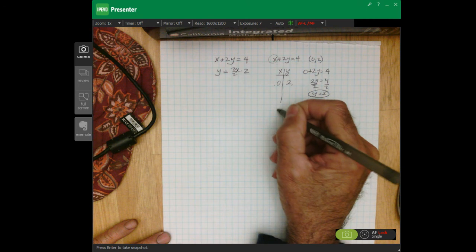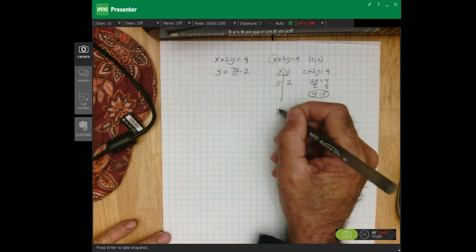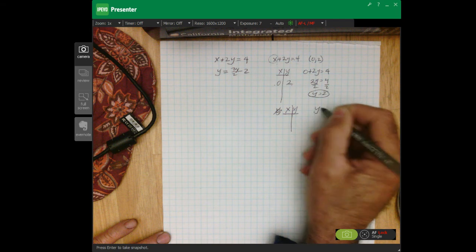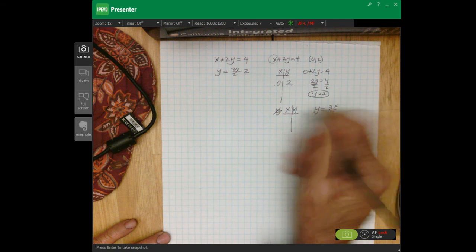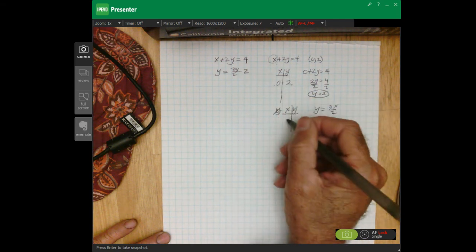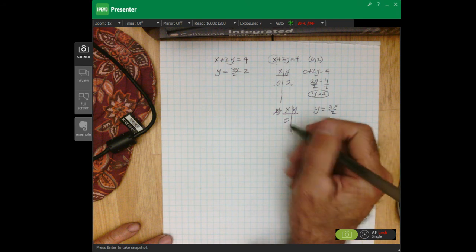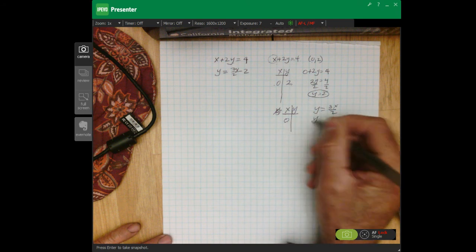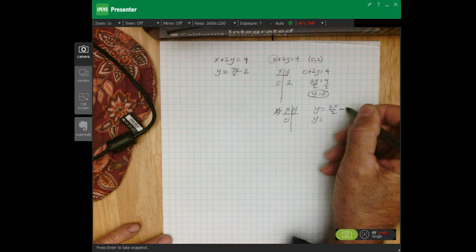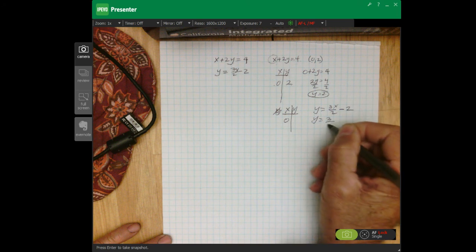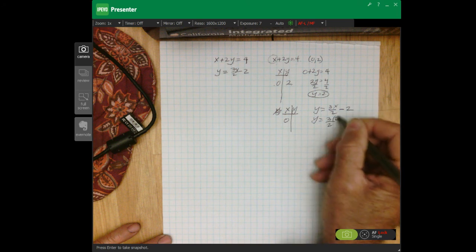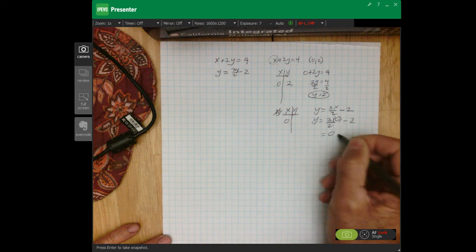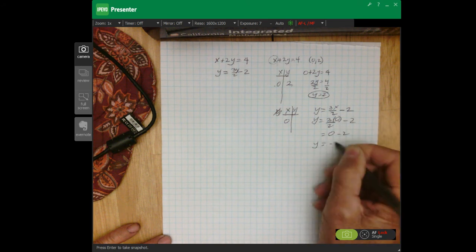Now if we look at the other equation, which is y equals 3x over 2 minus 2, we can use the same value for x, or we can use a different one, but we might as well use the same value. So when we plug in x equals 0, we get 3 times 0 divided by 2, which is 0, minus 2, so y equals negative 2.